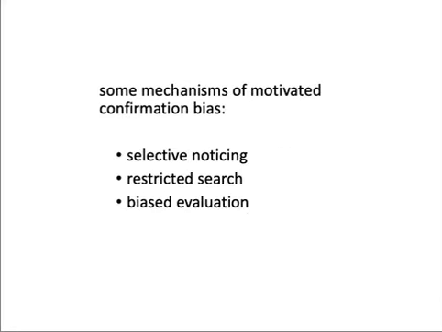Finally, I'll conclude this lecture with some other ways in which we engage in motivated confirmation bias. The first is selective noticing. Selective noticing is when observations that support a hypothesis bring that hypothesis to mind, causing us to notice that they support the hypothesis. This is exactly what happened with Diego, who believed that he has psychic powers.